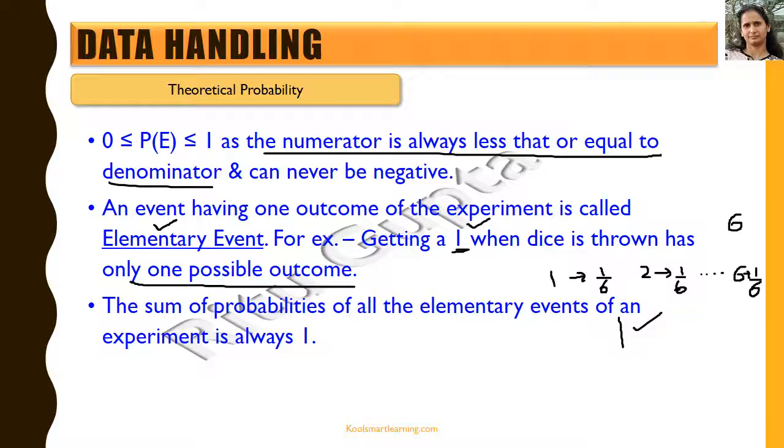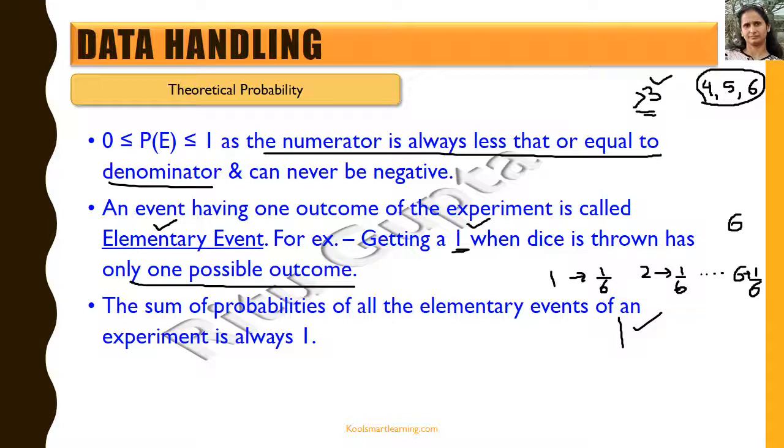Now if we take up another event, like getting a number more than 3 when you throw the dice, the possible outcomes are getting a 4, a 5, a 6. I'm not saying greater than or equal to, so I'm not going to take 3, I'm only going to take 4, 5 and 6, because the event that we've defined is getting a number greater than 3.